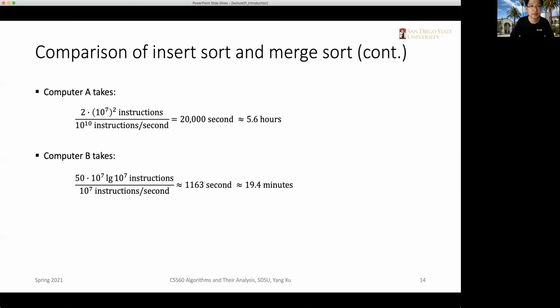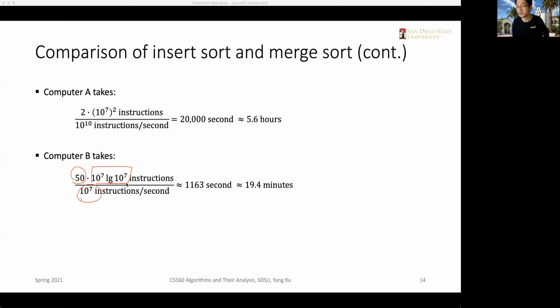Okay, so even though computer B runs very slow, and even though the 50 is pretty large here, since we have a logarithm here, the logarithm of 10 to the power of 7 is a pretty small number.